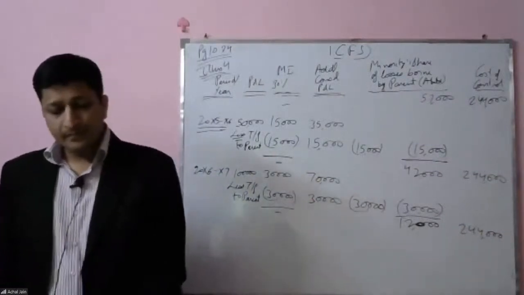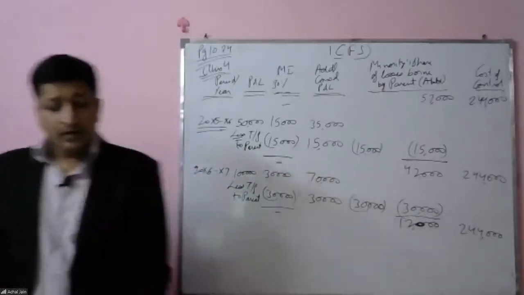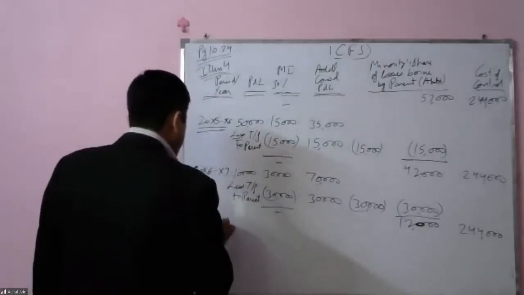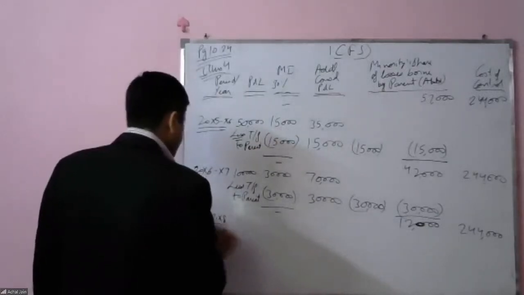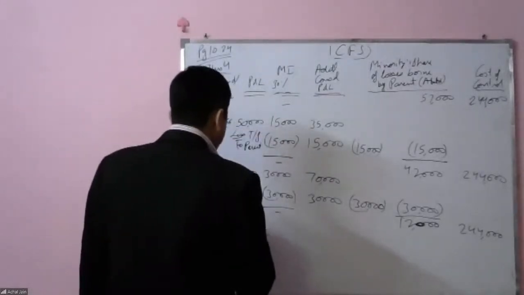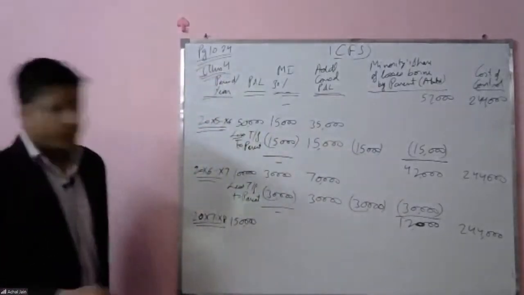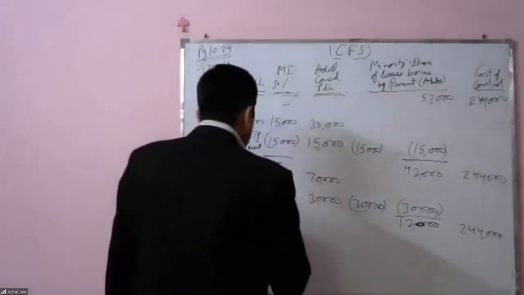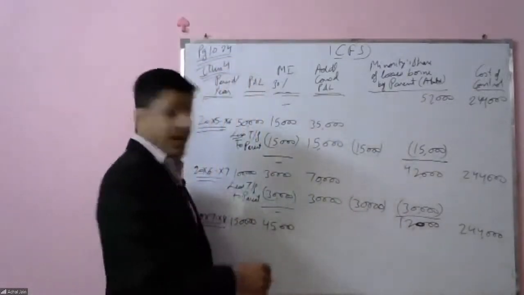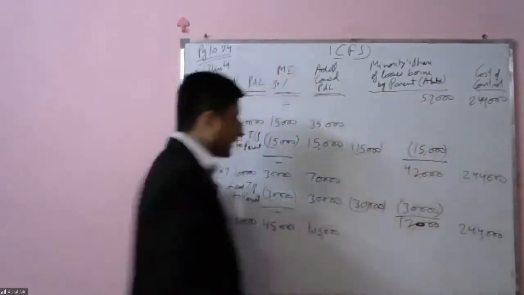Alright. Now, in the next year, once again, there is a profit of 1,50,000. So 2,000 X7, X8. Once again, there is a profit of 1,50,000. Now 45,000 out of this will go to minority, and 1,05,000 out of this will go to the parent.